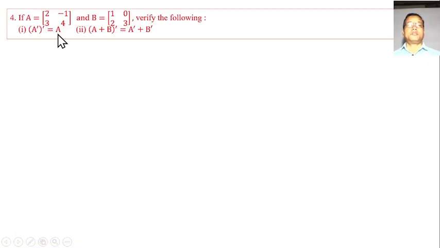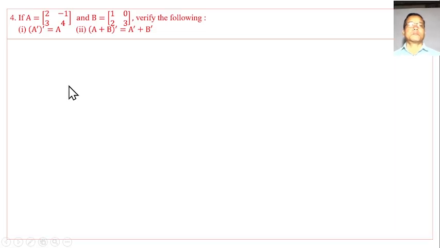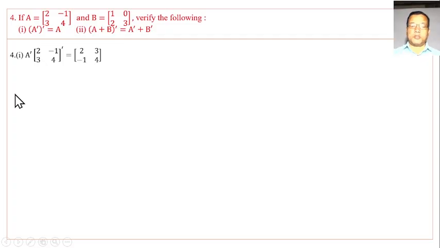If A equal to this and B equal to this, verify the following: A transpose transpose equal to A, and A plus B transpose equal to A transpose plus B transpose. A transpose of A transpose: we take the transpose of A transpose and we receive A again.